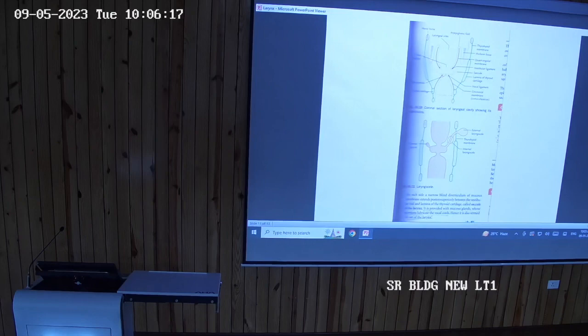This way of entering of the recurrent laryngeal nerve into the larynx is also named the inferior laryngeal nerve. So keep this in your mind. If the question asks you, the vagus nerve gives the superior laryngeal nerve, is there any inferior laryngeal nerve?